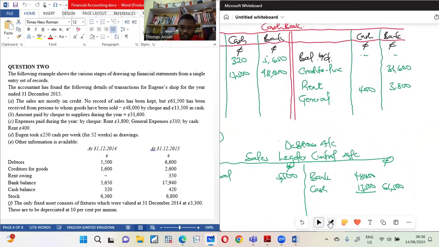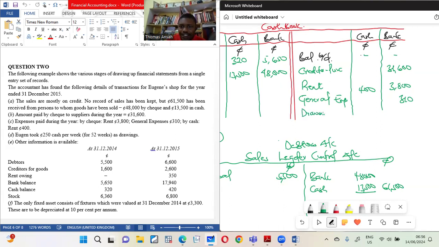All right, then do our general expenses. So how much do we have for general expenses? The general expenses is by check and it is 310, right? And we are told that this guy did drawings. He took cash, so it is reducing our cash. So drawings.